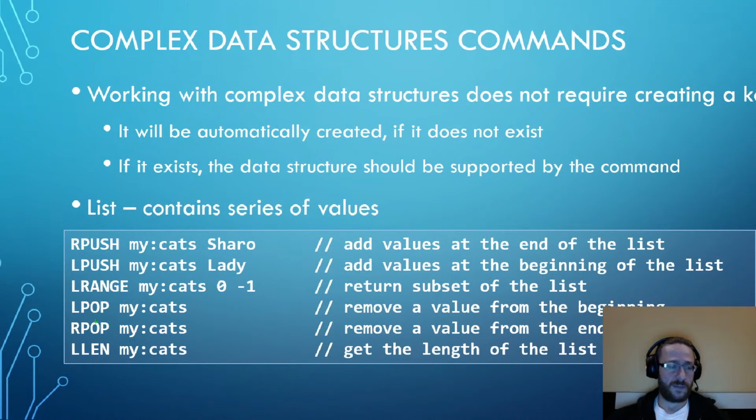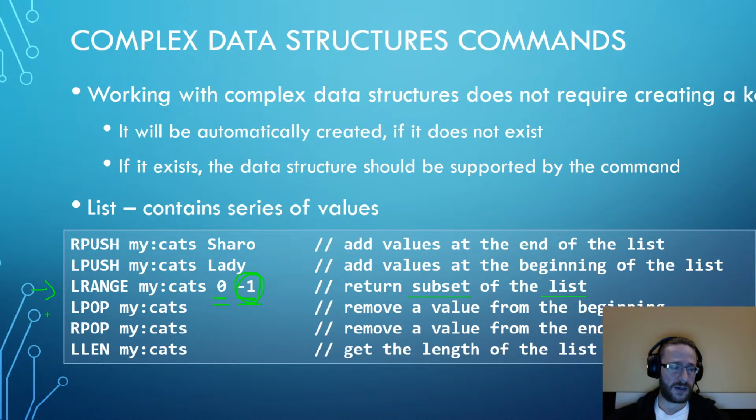Then you can do different operations on the list. The most important one is lrange, which needs two values and will return a subset of the list, starting from this index to this index. And if you specify -1, it will return the whole list. So start from 0 and return everything after the 0.